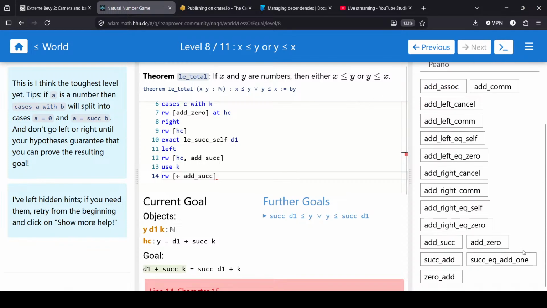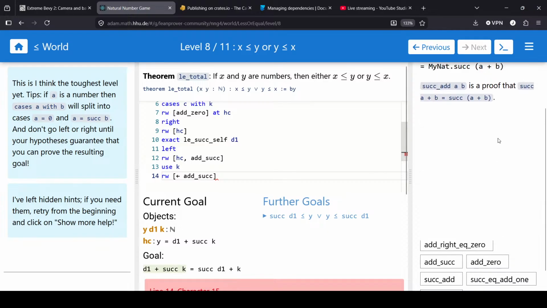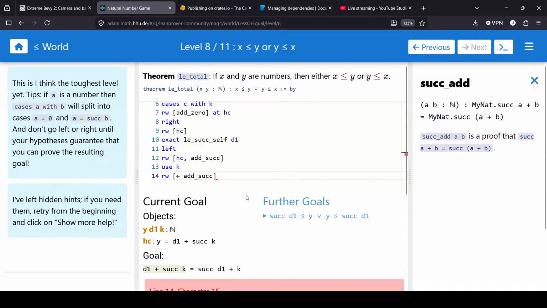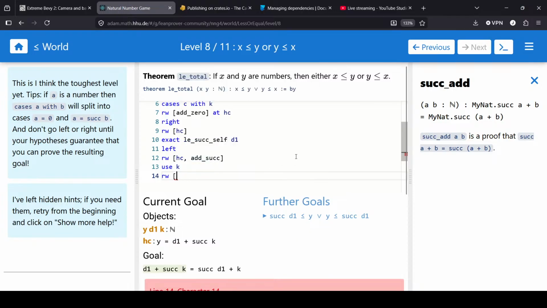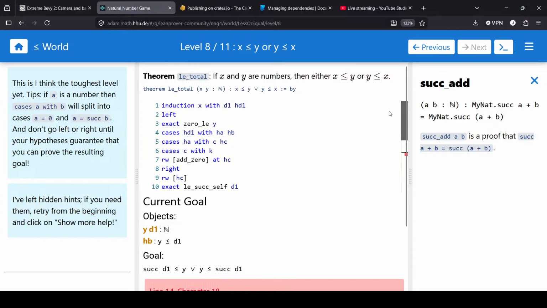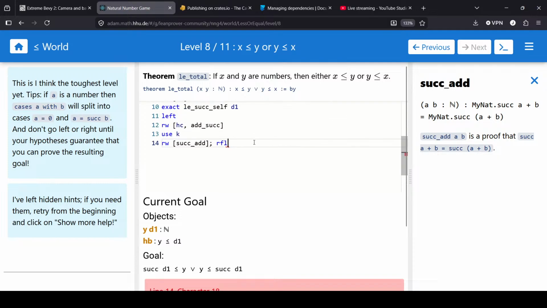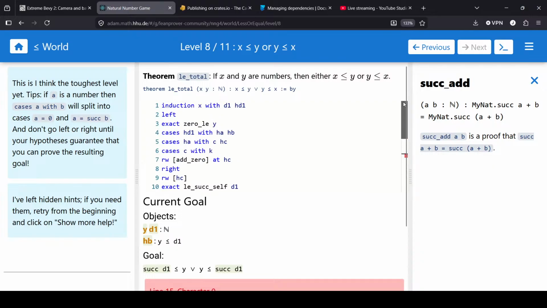Suck add. Oh, that's suck add. Right, okay. Hey, there we go. Holy moly. We're still not done. We're still not done.